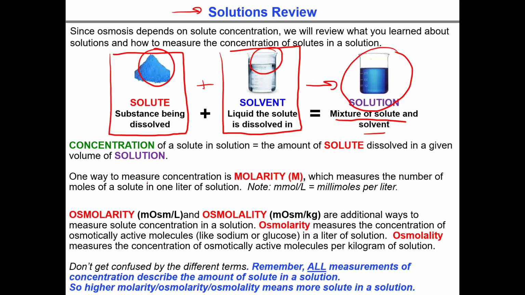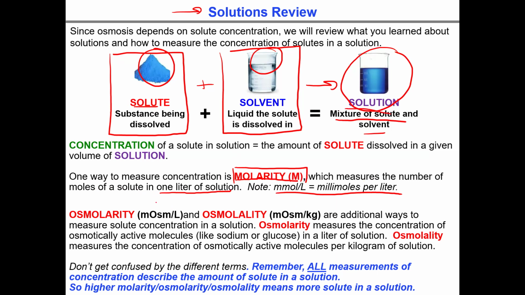One way is molarity, and all molarity means is how much stuff we actually have in 1 liter of solution. Our typical units are millimoles per liter. So again, molarity is the number of moles of solute in 1 liter of solution.